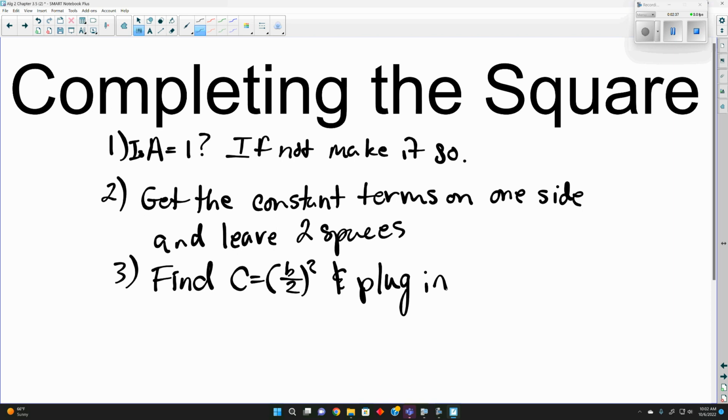The fourth one is to factor and solve. These are more or less the four main steps for solving any of these.